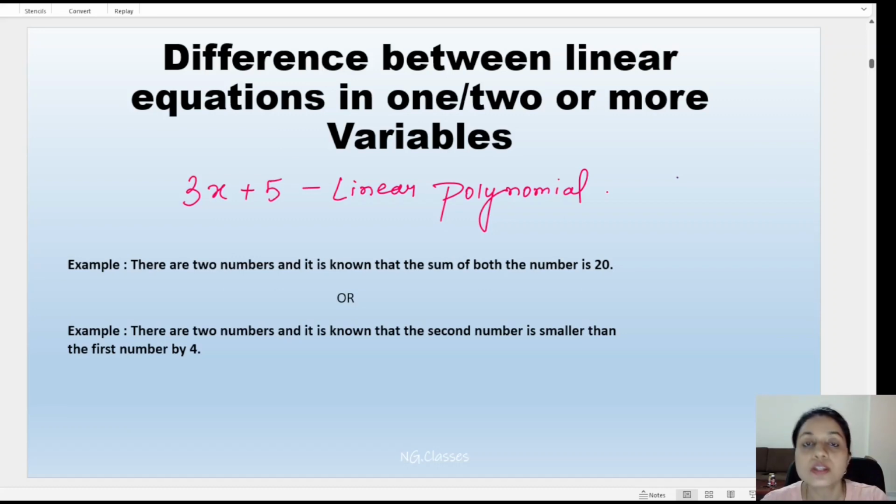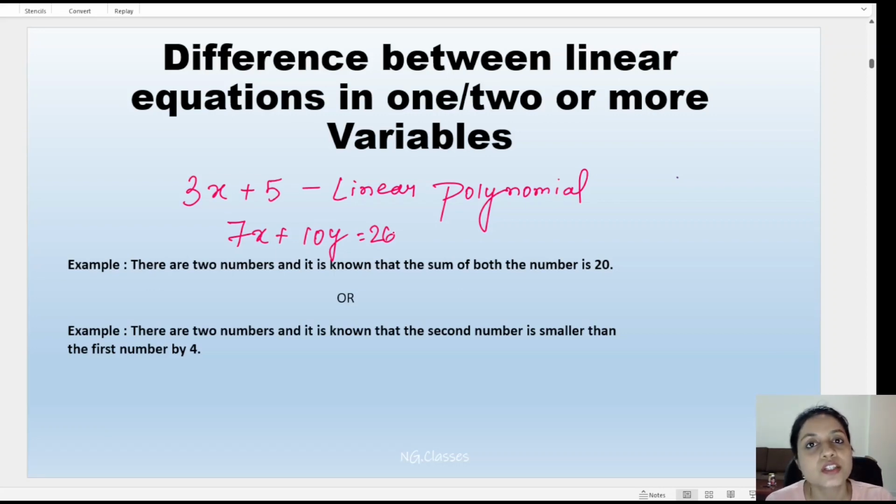So linear equation where the highest power of the variable must be 1. And also the equation must have two different variables. For example, 7x plus 10y is equal to 26. Here we can see the equation is having two different variables and the highest power of the variable is 1. So it's a linear equation in two variable.